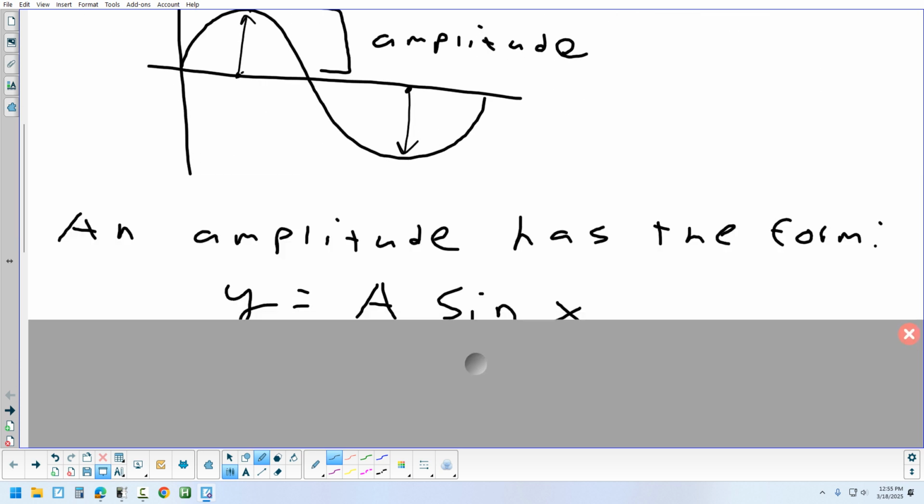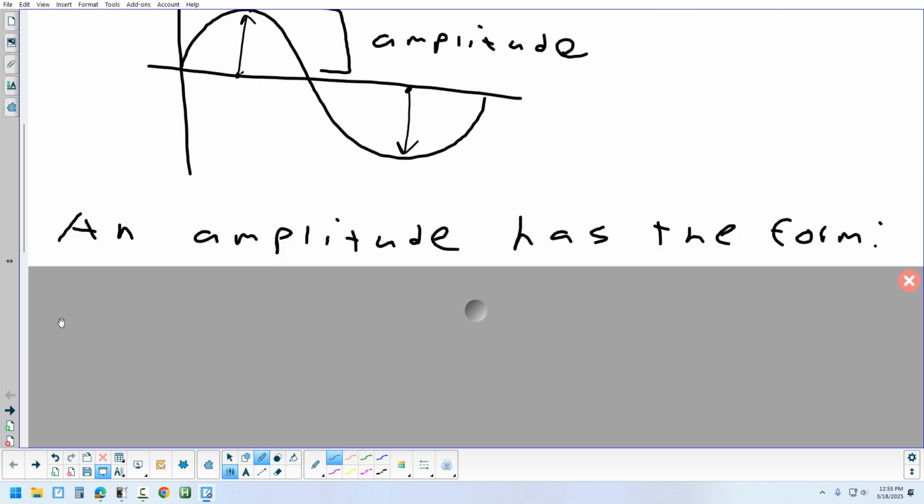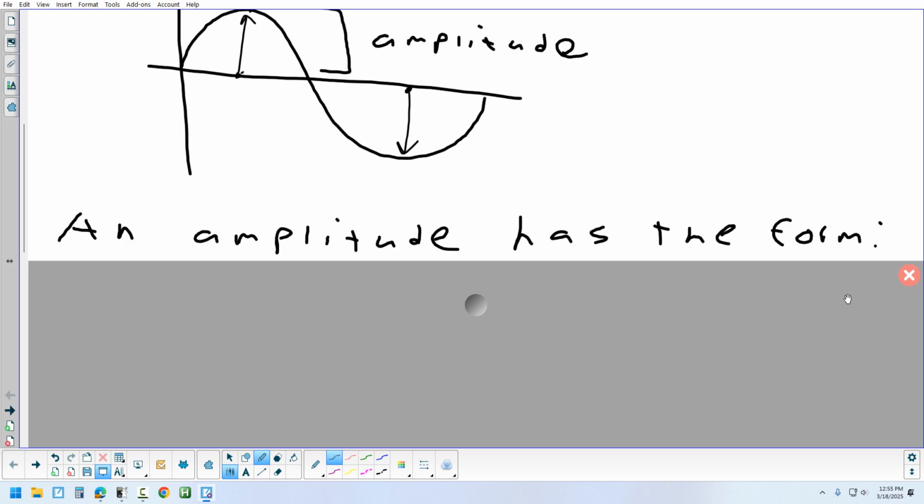All right, so what does an amplitude change look like? Well, what kind of arithmetic did we do yesterday inside the parentheses? Positive, negative? Which was addition and subtraction, adding or subtracting. So are we doing multiplication or division? Yeah, multiplication. Okay, so whenever you add or subtract, that is always a shift.